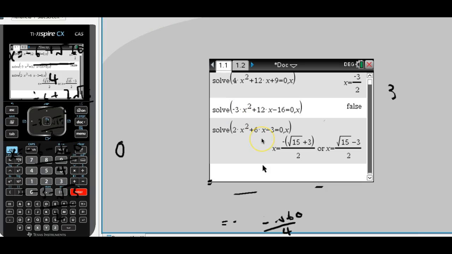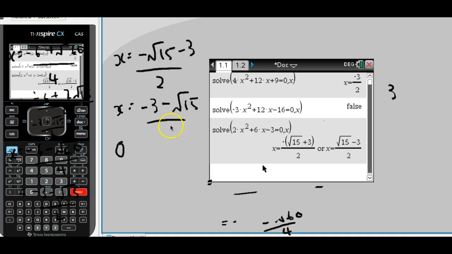So if we were to expand this part, we would actually get -root 15 minus 3 on 2. And we just had the -3 first. So that was one of our solutions. And then the other one on this side is -3 plus root 15 on 2. So exactly the same thing.